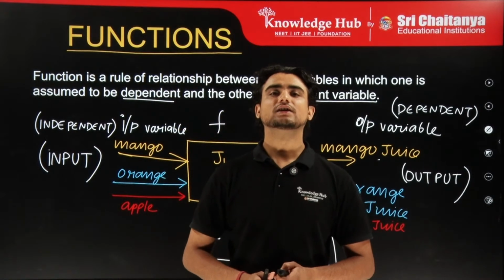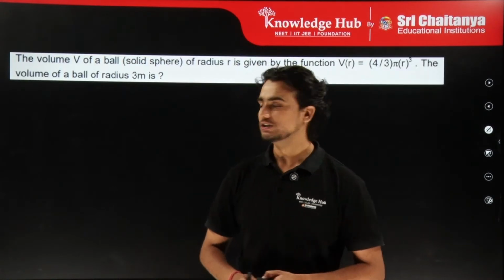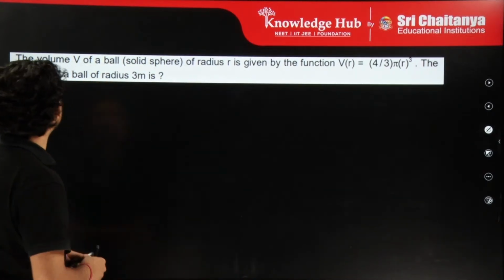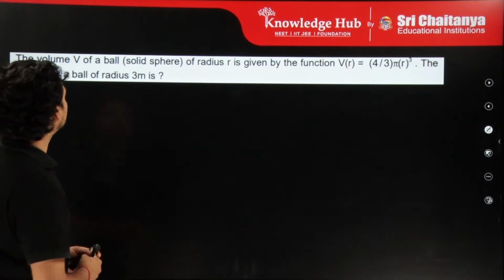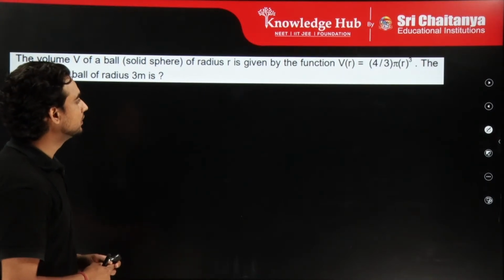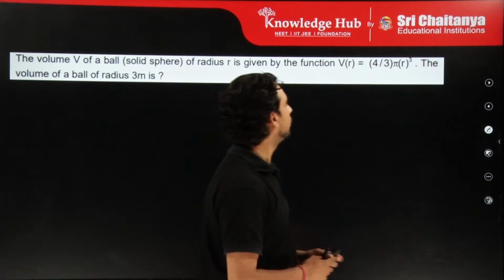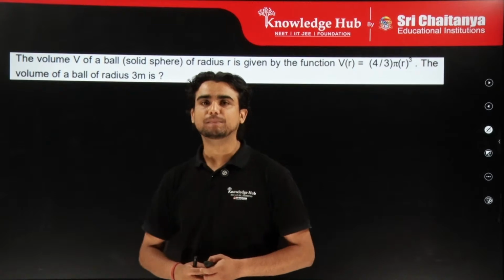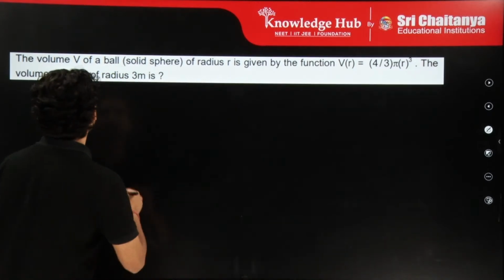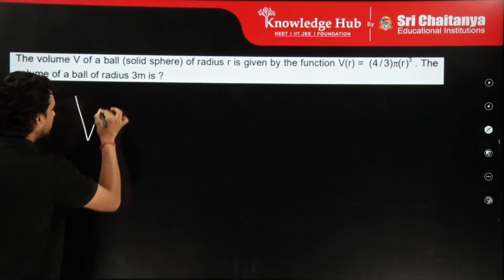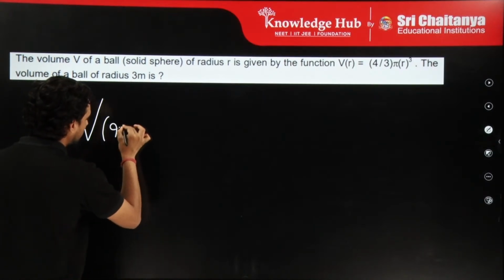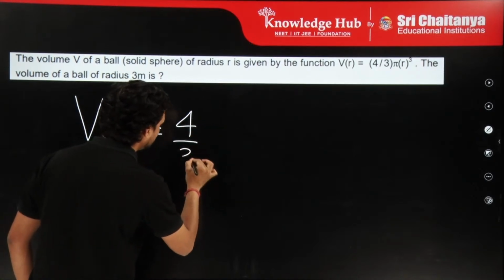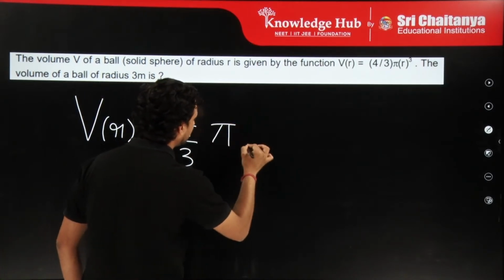So let's move on to some questions. Let's suppose I have this question, and in this question it is given that the volume V of a solid sphere of radius r is given as a function V(r) is equal to 4 upon 3 pi r cube. So V(r) is equal to 4 upon 3 pi r cube.